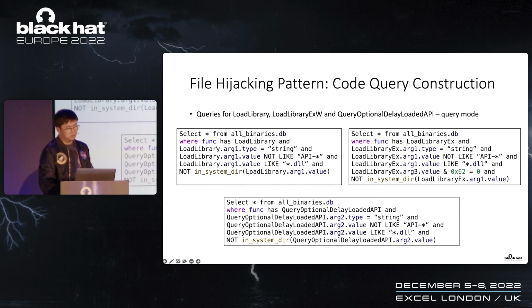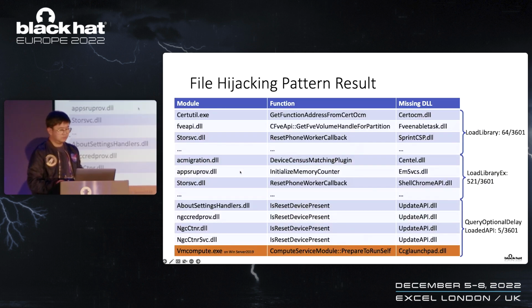You can see our queries search the function containing the sensitive APIs and check the argument type and value, and at last we check if the DLL file does not exist in the system directory. Running those queries, we got these results: LoadLibrary 64, LoadLibraryEx 521, and the QueryOptionalDelayLoaded API, we find 5 results.